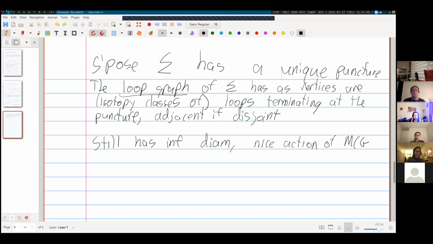And at some point, the existence of such a graph for any mapping class group was an open question. I should say this definition is due originally to Juliette Bavard, and then it was expanded to more surfaces by, am I going to remember the people? Ramayana.